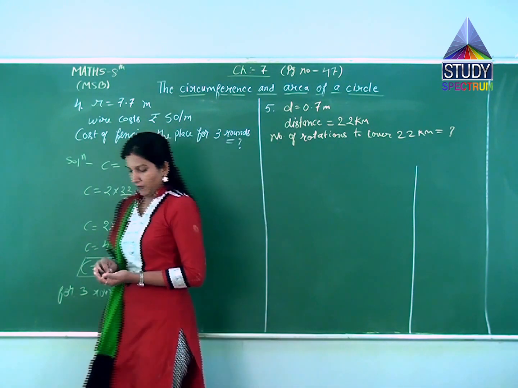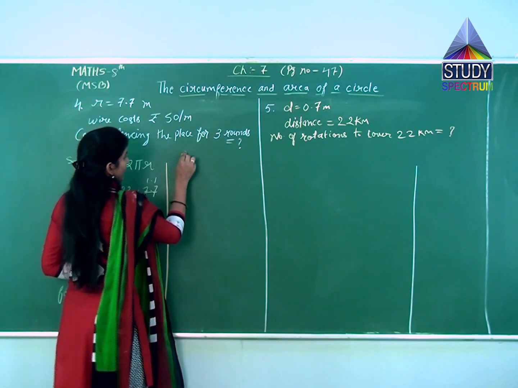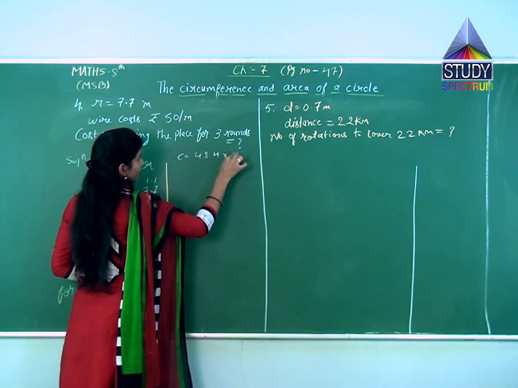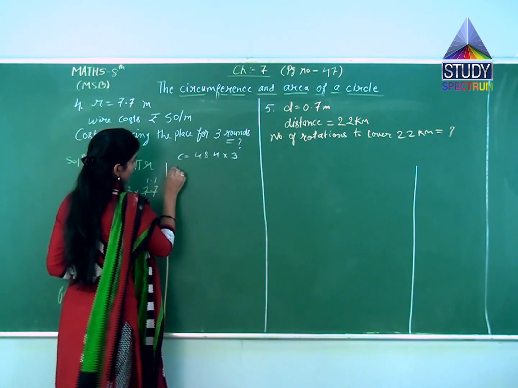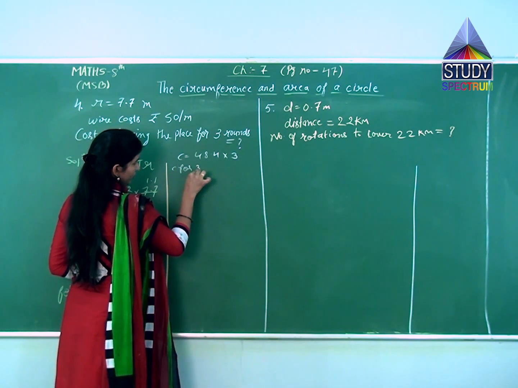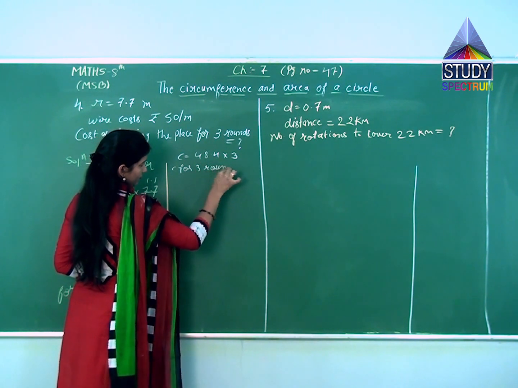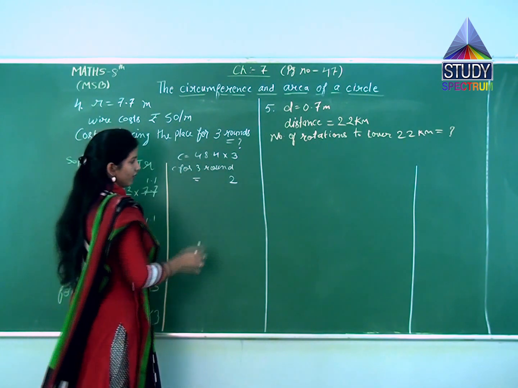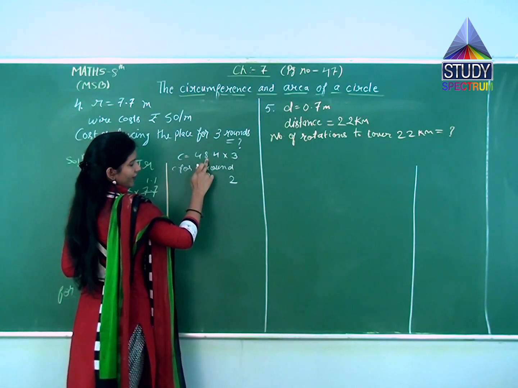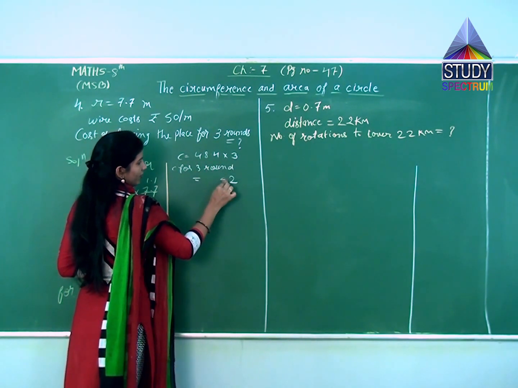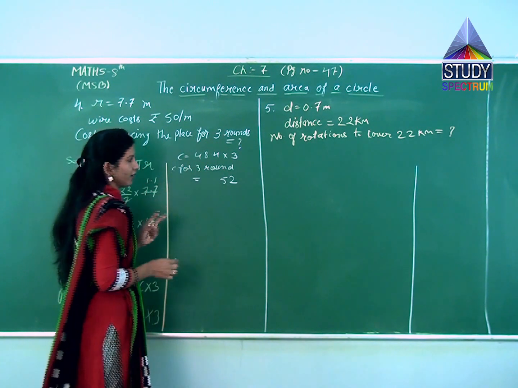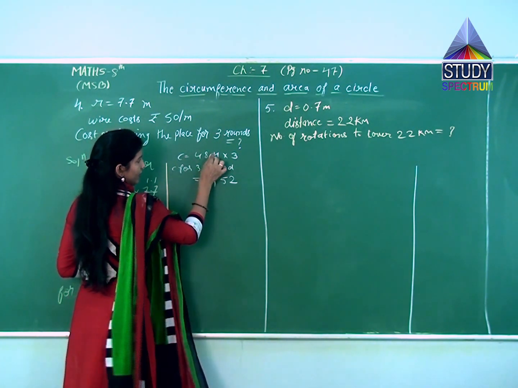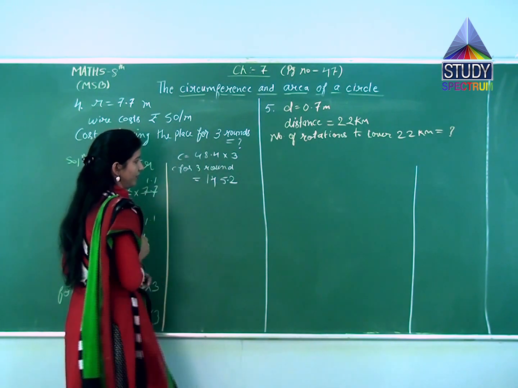Now 48.4 into 3. C for 3 rounds: 3 fours are 12, 1 carry, 3 eights are 24, 24 plus 1 is 25, 2 carry, 3 fours are 12, 12 plus 2 is 14, and the decimal will come here.